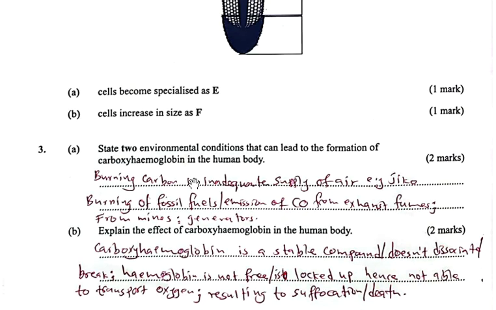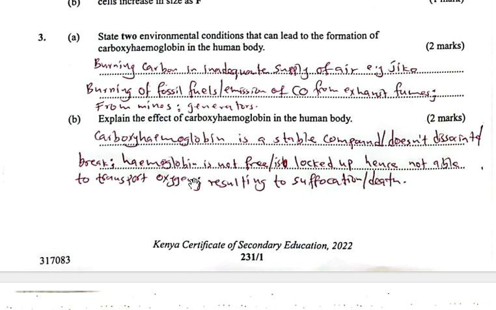Question 3, state 2 environmental conditions that can lead to formation of carboxyhemoglobin in the human body. Before we look at the environmental conditions, we should know carboxyhemoglobin is a combination of hemoglobin and carbon monoxide. In short, the environmental conditions are the ones which form carbon monoxide.